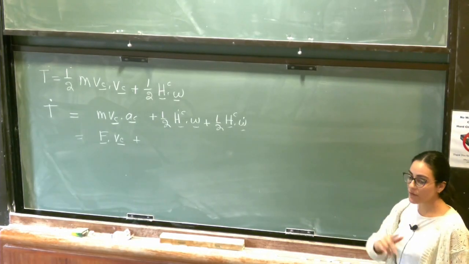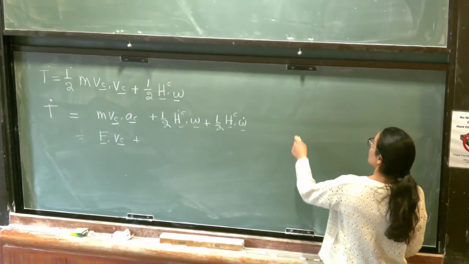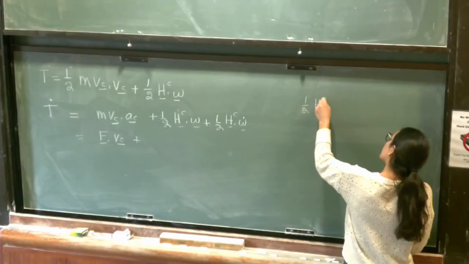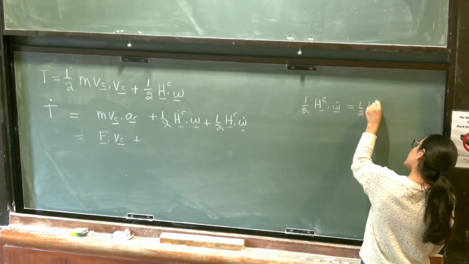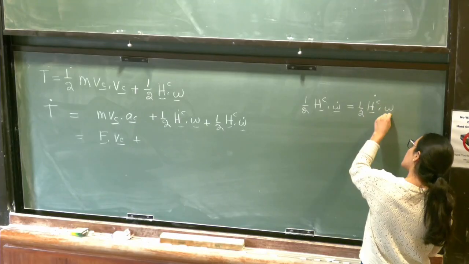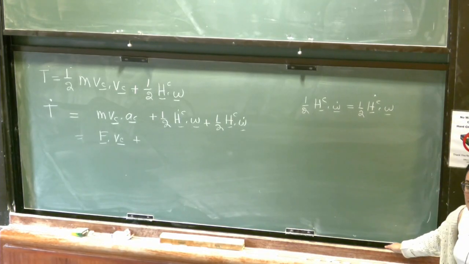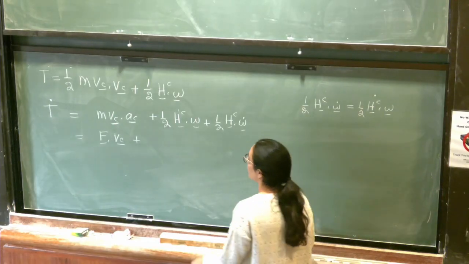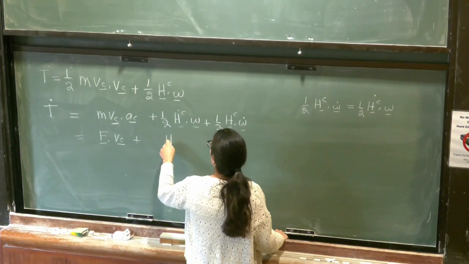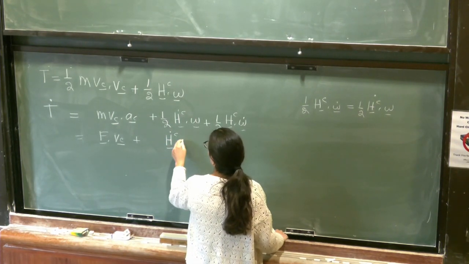Here, if I can show that half HC dot omega dot is equal to half HC dot omega, if I can show that these two terms are equal, then I will get twice H dot C dot omega.